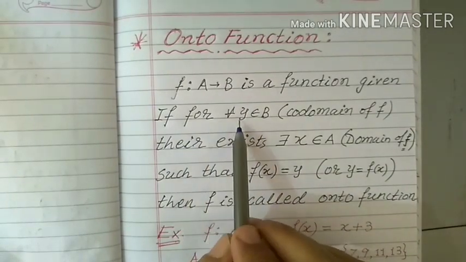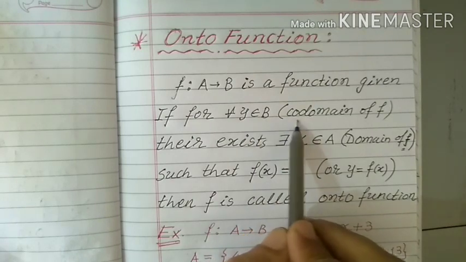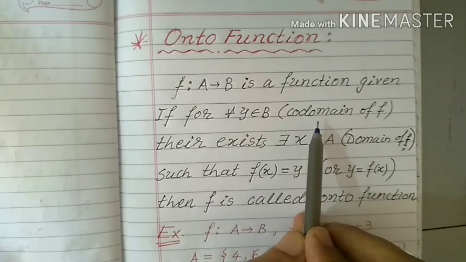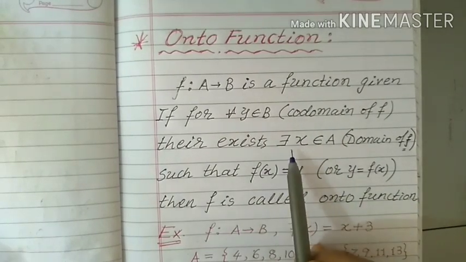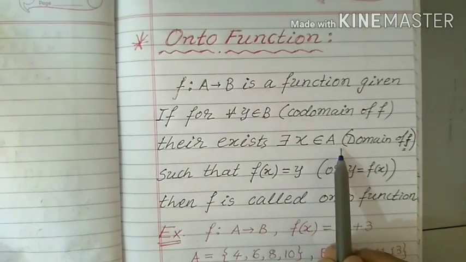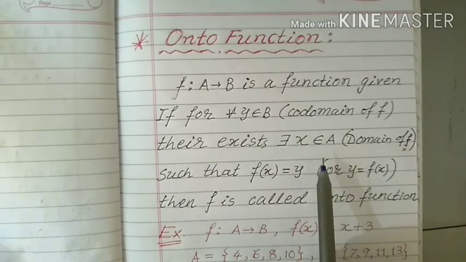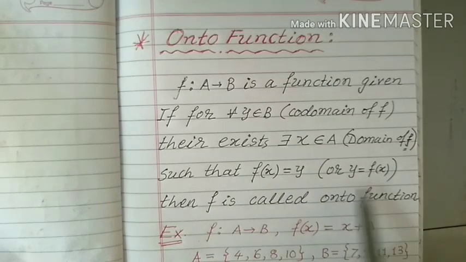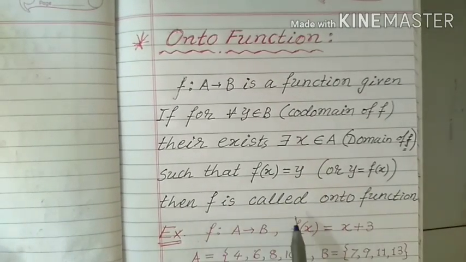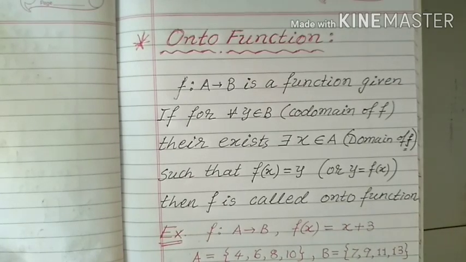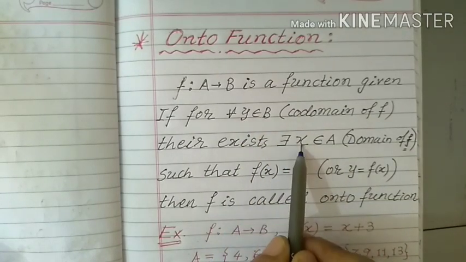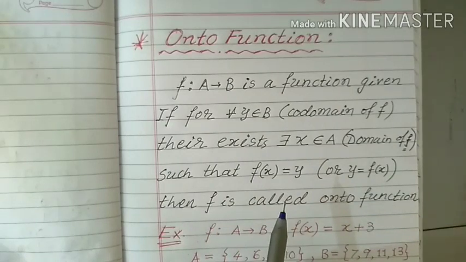If for every y belongs to B, B is the codomain of f, there exists some x belongs to A, the domain of f, such that f of x equal to y, then f is called an onto function, right?